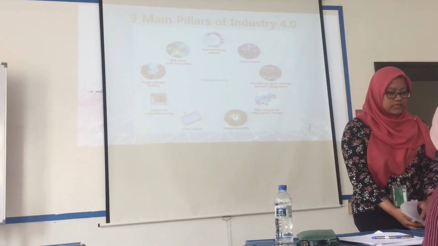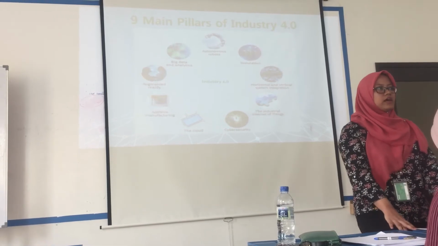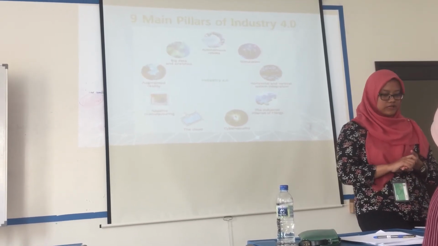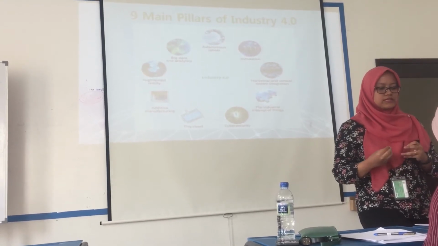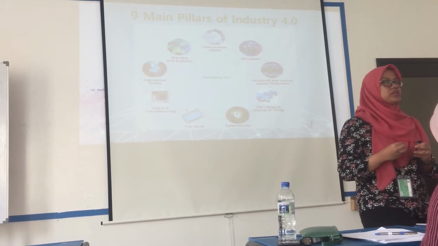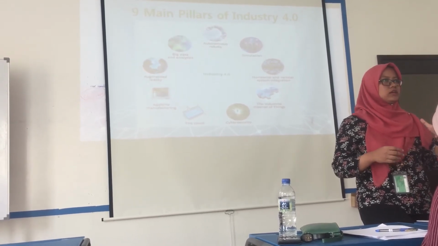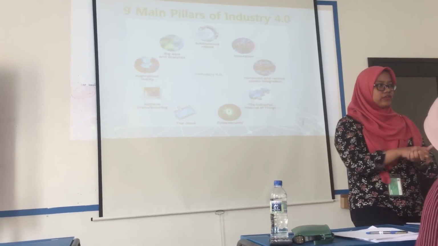The fourth one is the Internet of Things, where everything nowadays is connected with the internet, and the machines are fitted with sensors and interconnected. For an easy example, if we go to the toilet, we will see the sensor hand dryer machine.